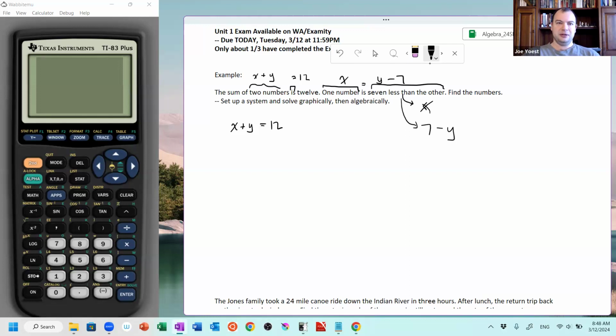We have the amount that we have for Y, take away 7. So it's not this either. We just have to be a little bit careful with this wording. Sometimes it's written a little bit backwards from the way we end up writing it in the equation.